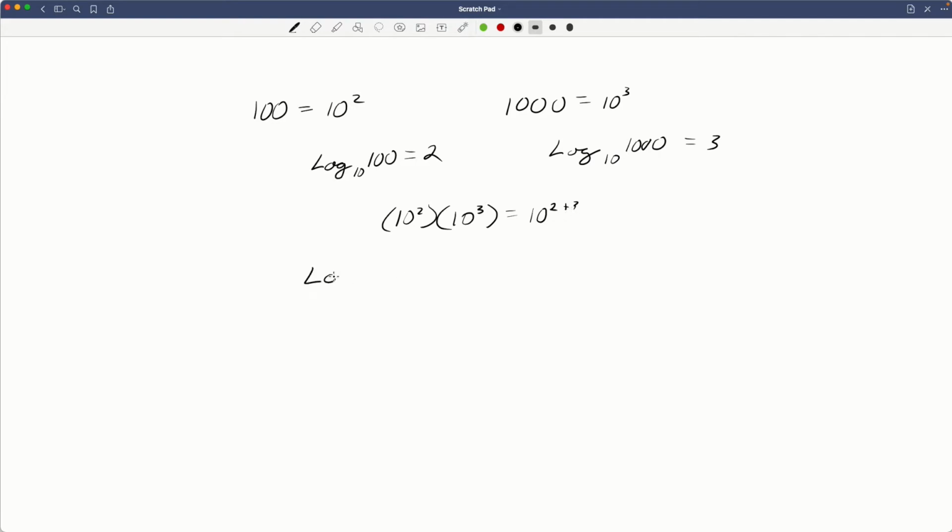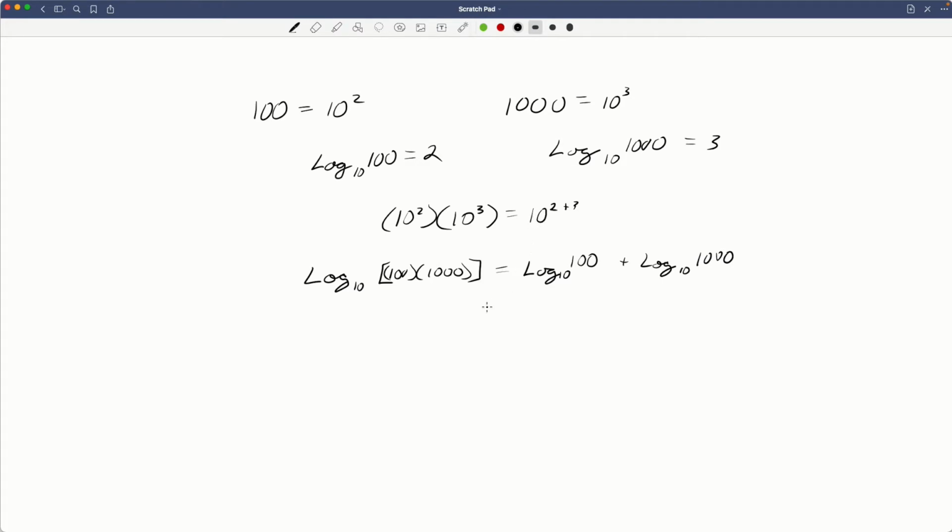We can say the log of 100 times 1,000 to the base 10 is going to be written as the log of 100 to the base 10 plus the log of 1,000 to the base 10, because this would be 2 and this would be 3, and the base 10 is just this number here.